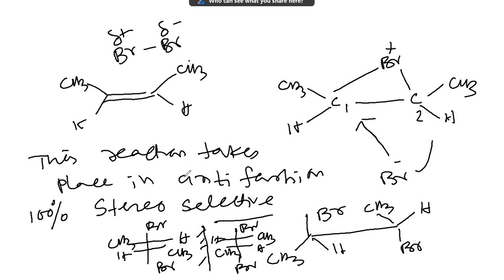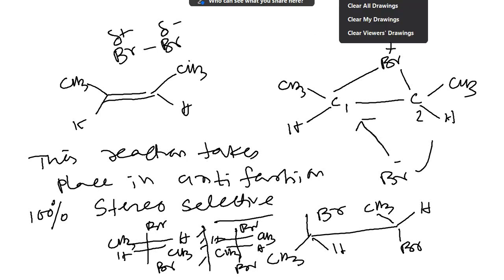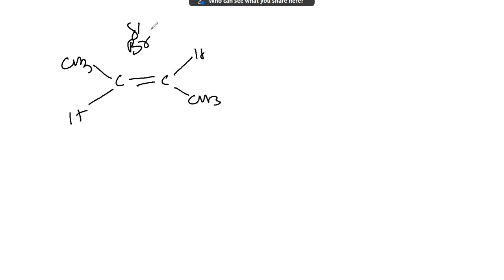On the other hand, if the same reaction is carried out with trans-2-butene, the product will be as follows. This is Br2, this is Br delta plus, Br delta minus. At first a pi complex is formed.